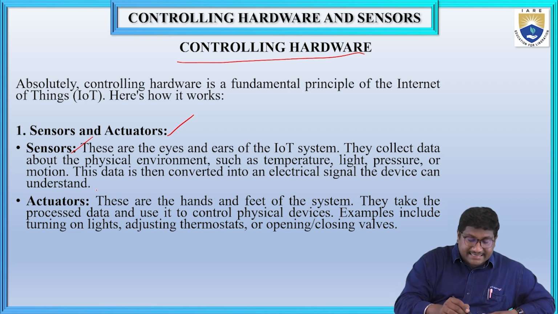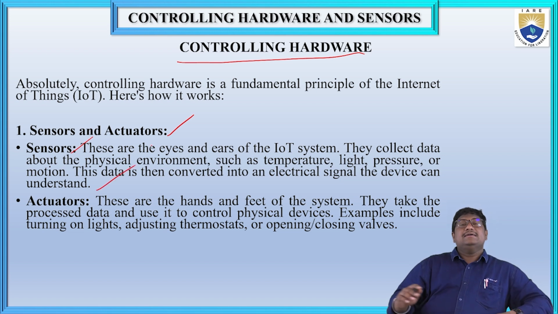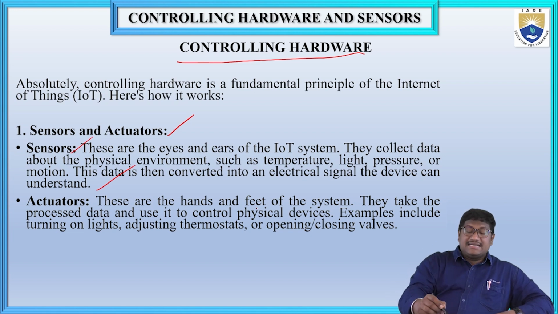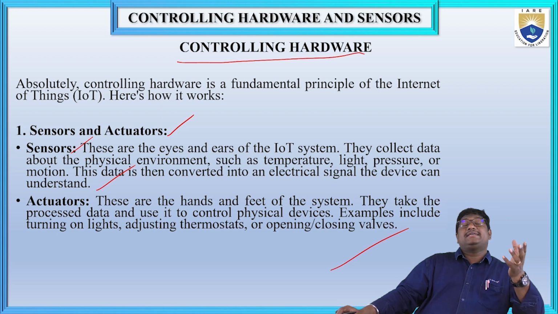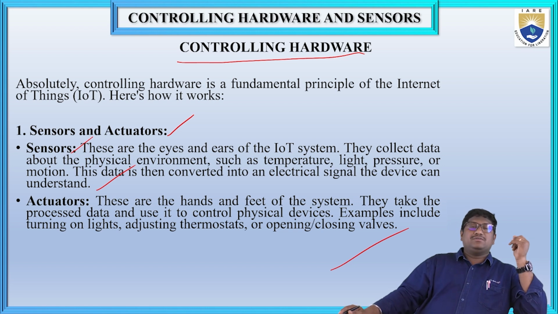And what are actuators? Actuators are the hands and feet of the IoT system. These take that processed data and utilize it with our connected physical devices. Examples: turning on the lights, adjusting thermostats, opening and closing valves. Valves are nothing but, in banks, money vaults opening and closing.